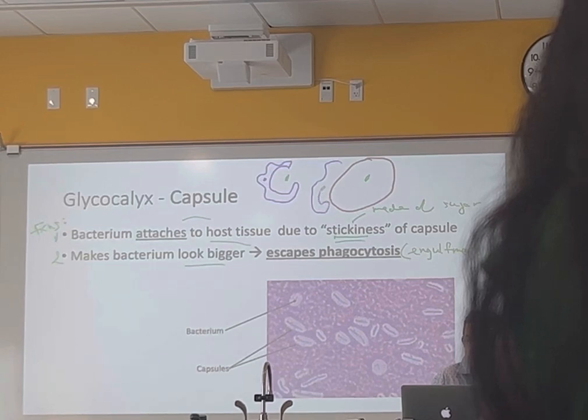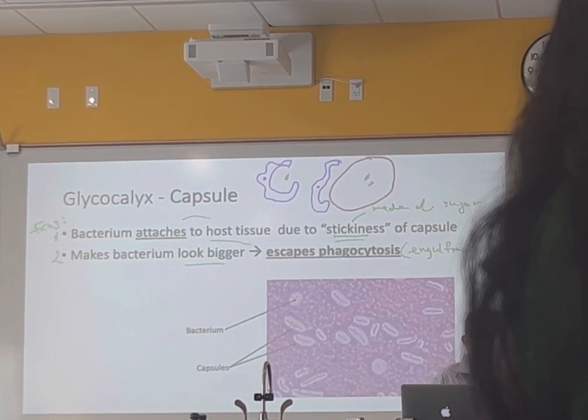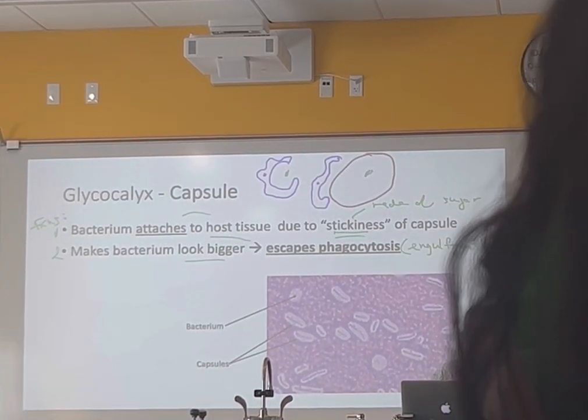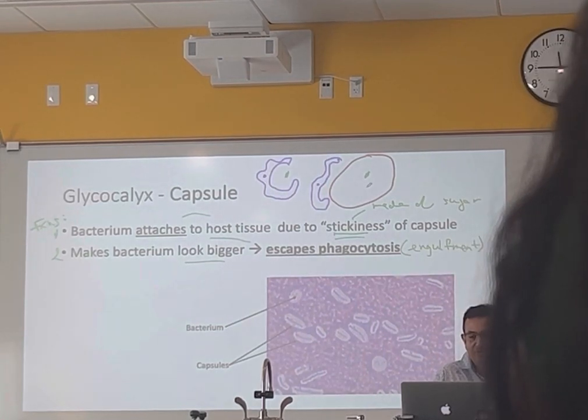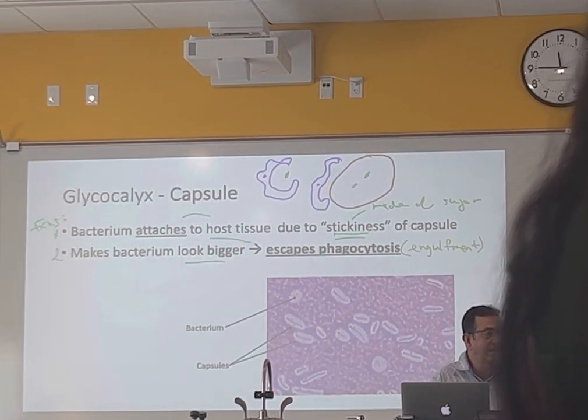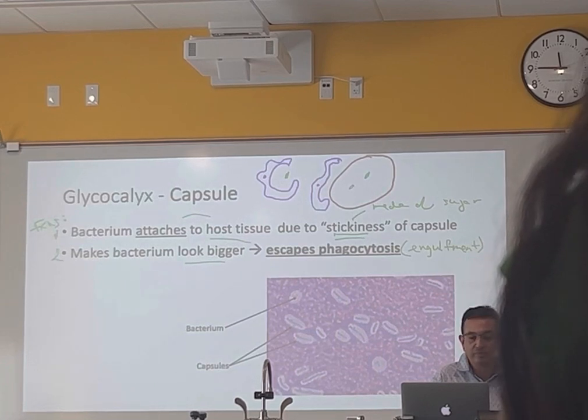Well, pretend it's the same one. This bacteria is protected thanks to the capsule, because the capsule makes it look a lot bigger than what it really is, right? Like Pac-Man, yeah. It makes it look like Pac-Man. The capsule makes it look a lot bigger than what it really is, right?